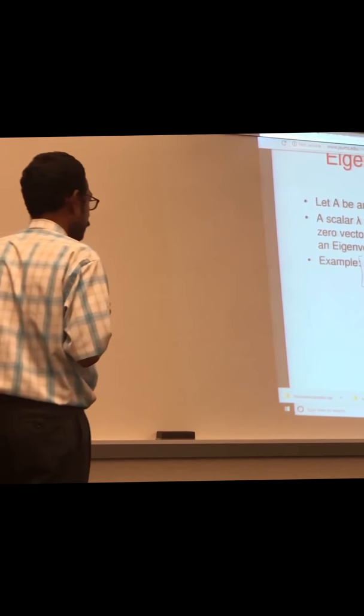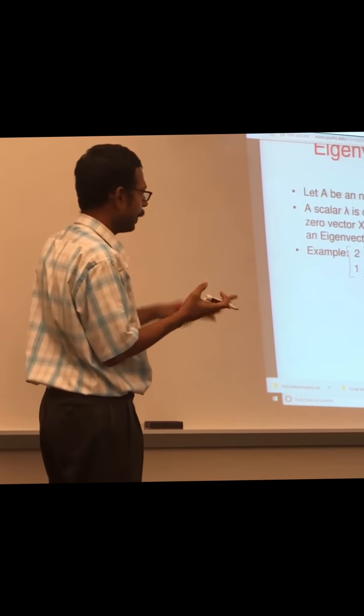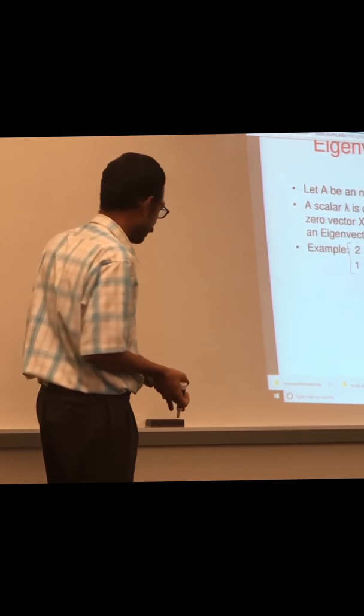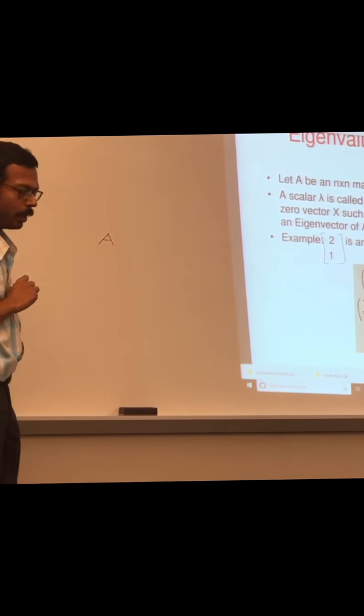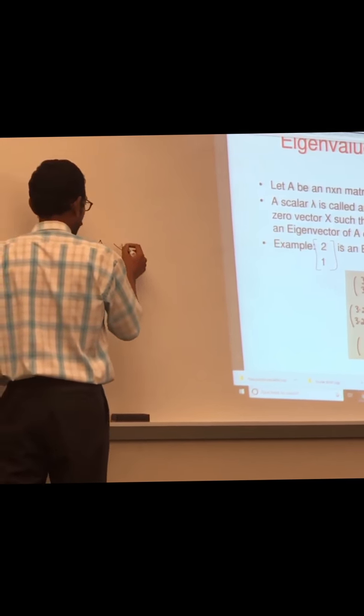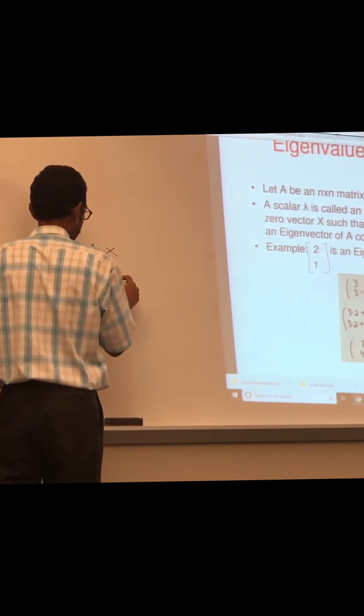So what is the relationship involving the matrix, eigenvalue and eigenvector? If you have a matrix A, you can multiply that matrix with its eigenvector.